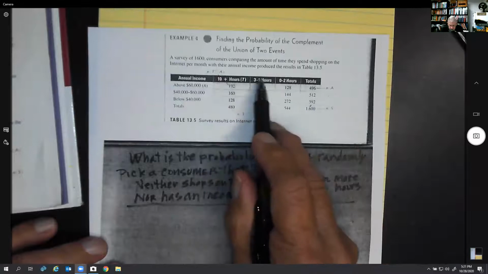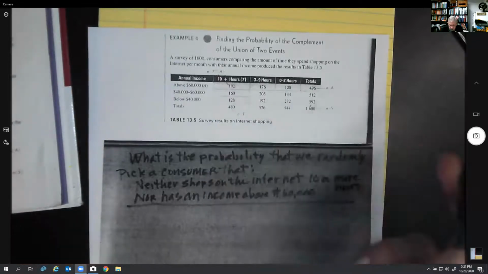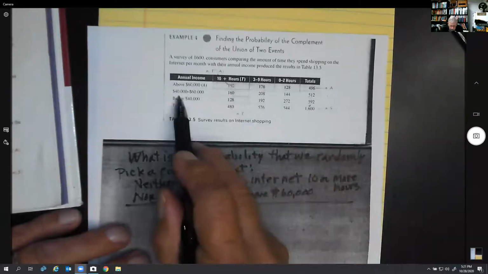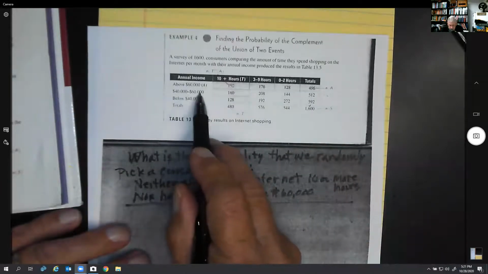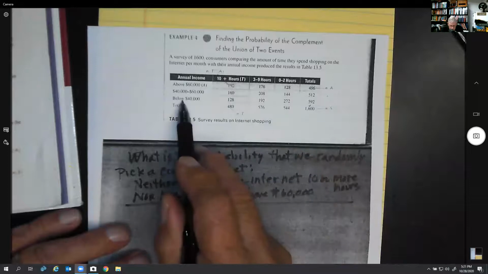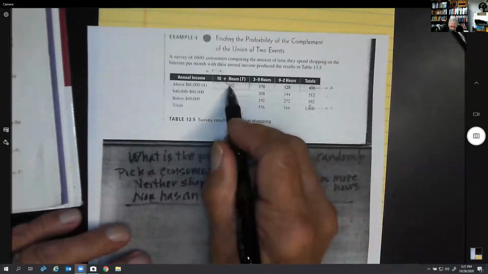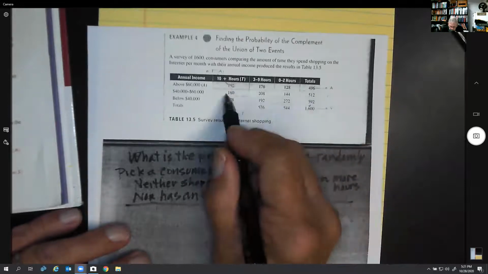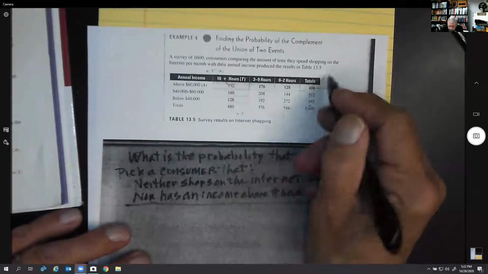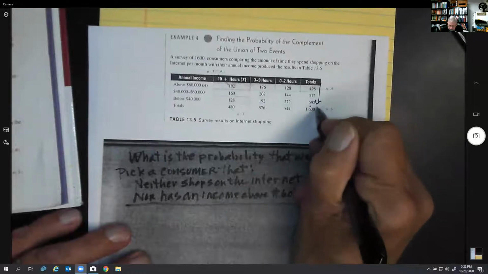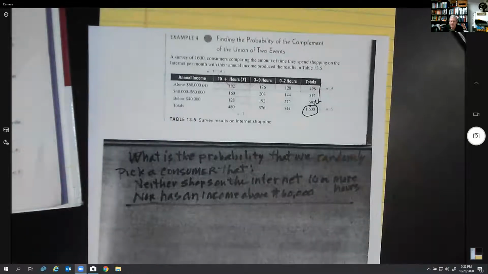Some spent 10 hours, 3 to 9, 2 hours, and then they totaled them up here. And 40 to 60,000, they took a survey of those people, at less than 40,000 survey. So when they added across here, across here, across here, then they added down, and this gave them a grand total of how many people were involved in this.